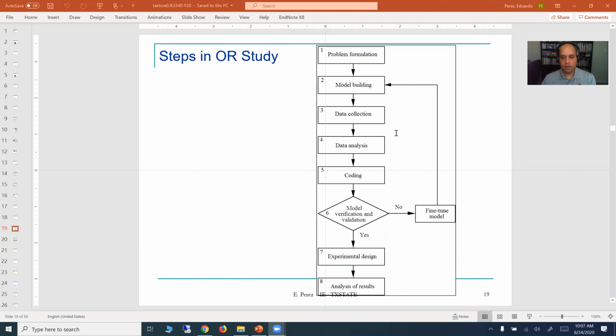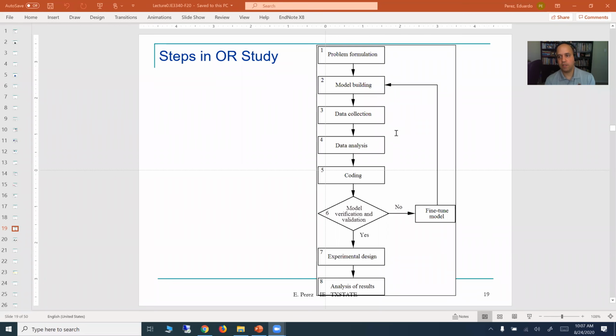The steps in an operational research study. This is basically a summary of what we went through with the example. So we start with the problem formulation, we build a model, do some data collection, data analysis. We can code the model in one of these software packages to apply a solution method. And then we do some model verification and validation.